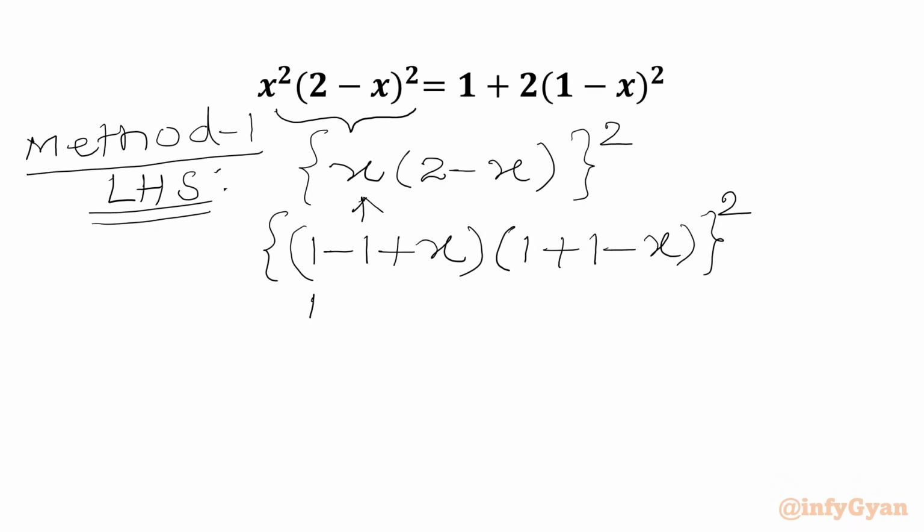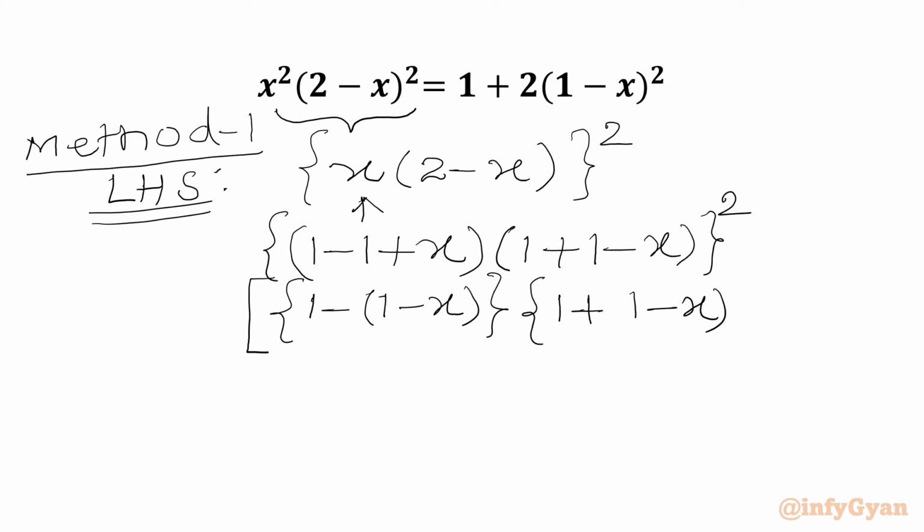Now I can write here 1 minus, in the bracket, 1 minus x. Then we'll put one curly bracket. So we have to use rectangular bracket also. In second bracket, we have to write 1 plus 1 minus x. Then we'll put whole square. Now if I consider 1 as a, and 1 minus x as b, then this is our a, this is our b.